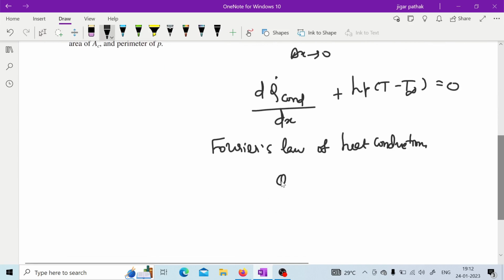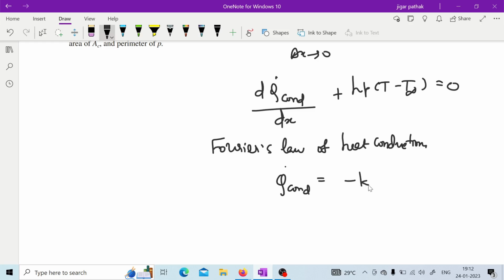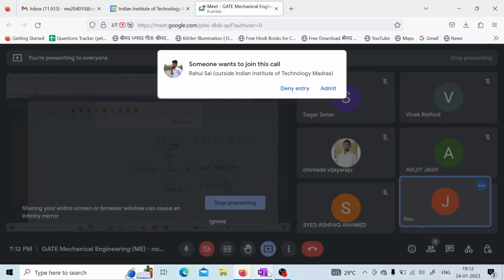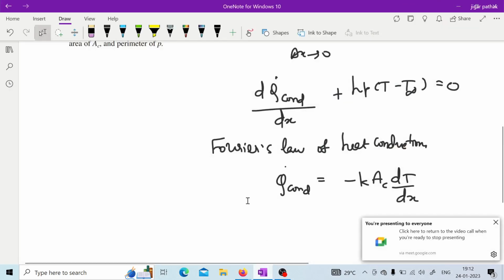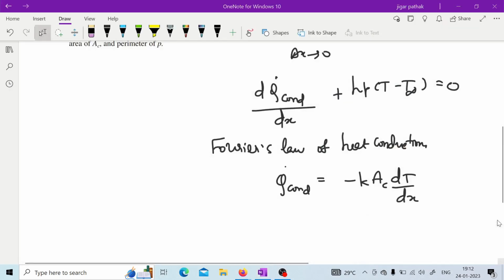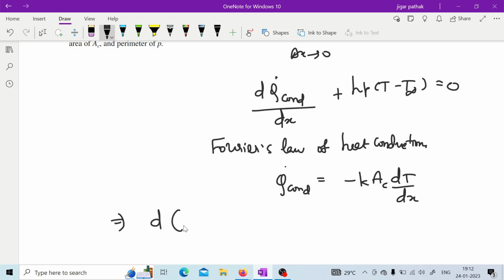So from that Fourier's law of heat conduction, it can be given by minus kAc dT by dx. This heat conduction is nothing but minus kAc dT by dx. Now if you put this value into the above equation, then you will have something like this.